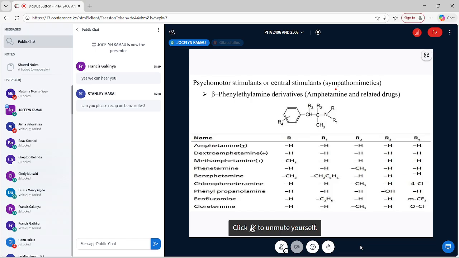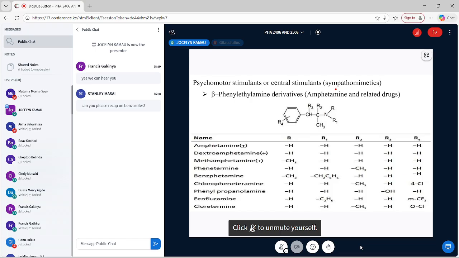Phenethylamine, again, is very simple. Here there is R2, and we will discuss the influence of putting those groups in the various positions, because when you put groups in those various positions, there is a change in the stimulatory activity.